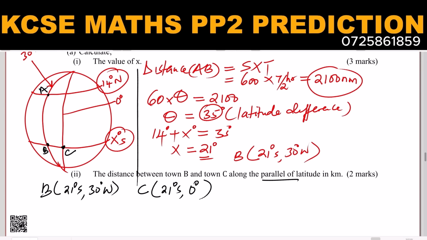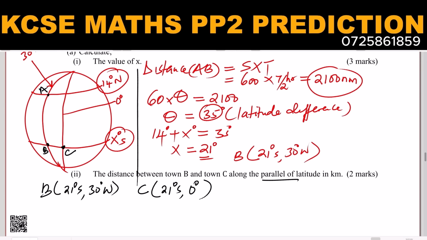Then we have the other place. D is 5 degrees north. So 5 degrees north would be somewhere, just a sketch. This is 5 degrees, so D will be somewhere there, and then it will be on a longitude of 180 degrees west. So C is 0 degrees longitude.